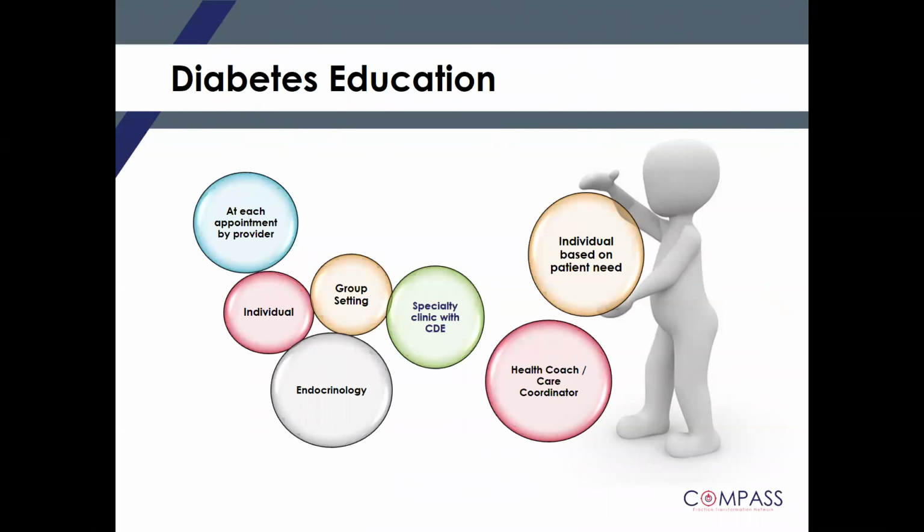These referral forms can actually be created or put in your specific electronic health record's referral process. And these referrals include specific instruction detailing what should be covered, as well as the hours of education needed, based on what the provider feels would be necessary.